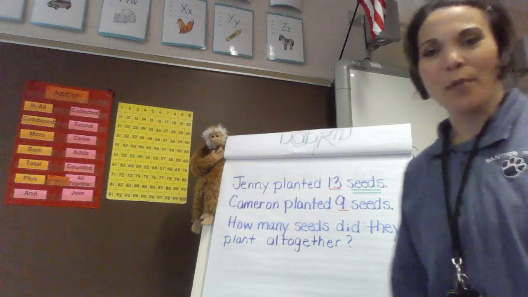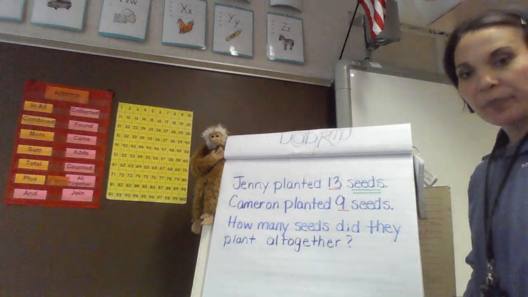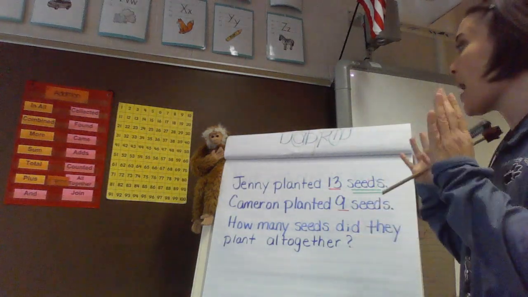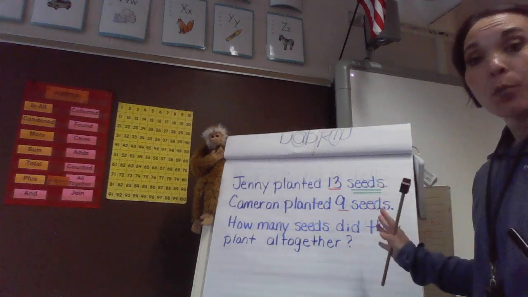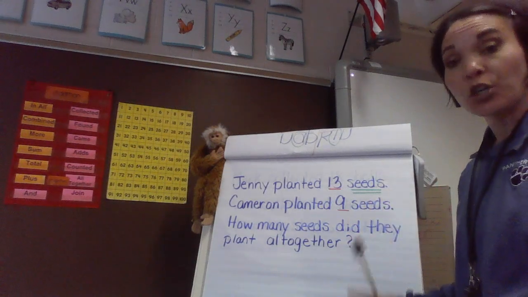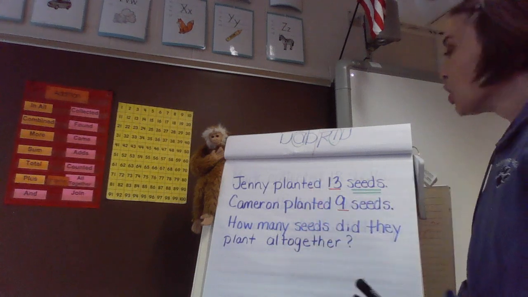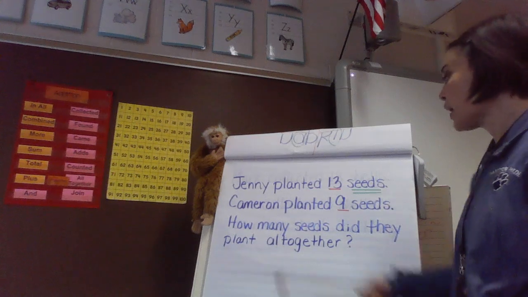Hi, everybody. We are back, and I have our first word problem here. So I'm going to read it through twice because it's really important that I feel to reread word problems. The more, the better, because you're just going to absorb more information, understand what they're looking for. So here we go. It says Jenny planted 13 seeds.